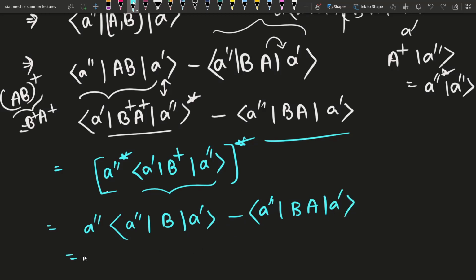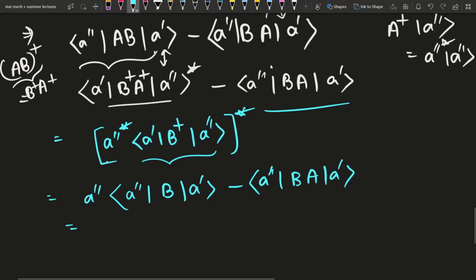So now if you take this term common, here is A prime, because when you apply A on this eigenvalue, you will get some eigenvalue A dash.